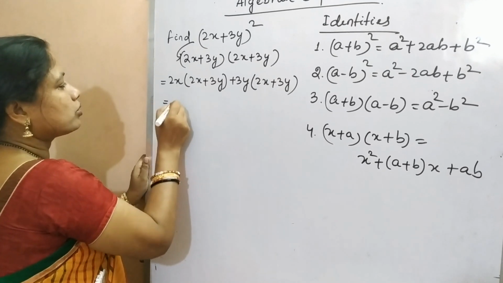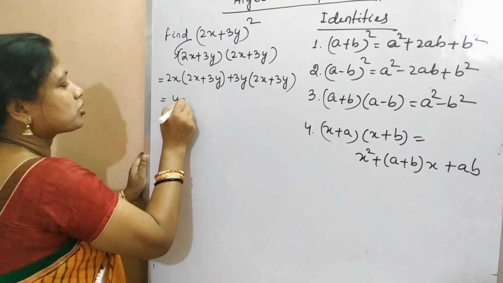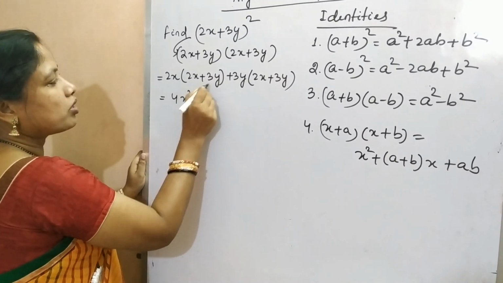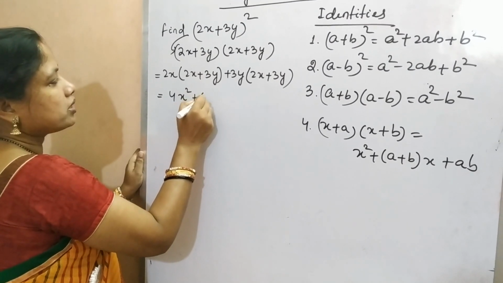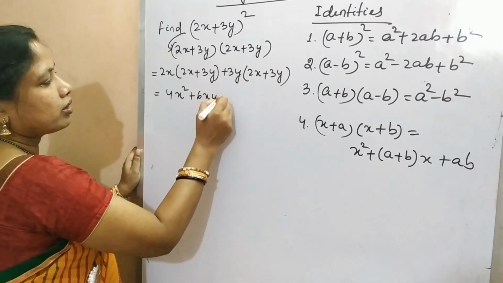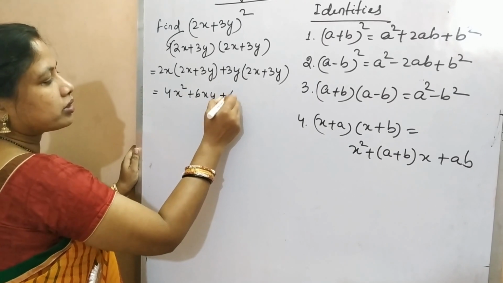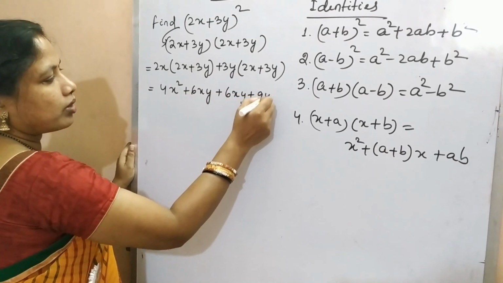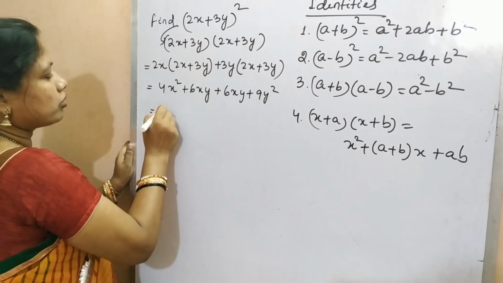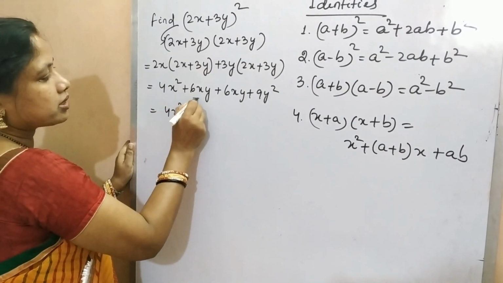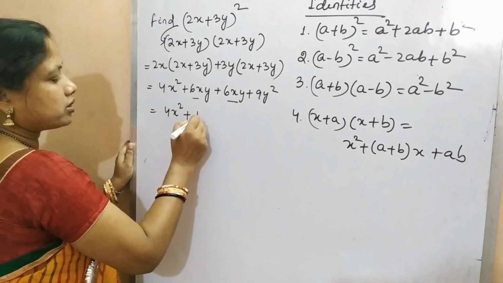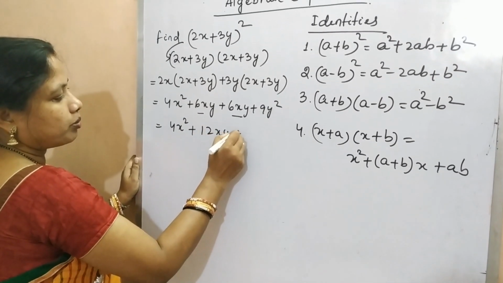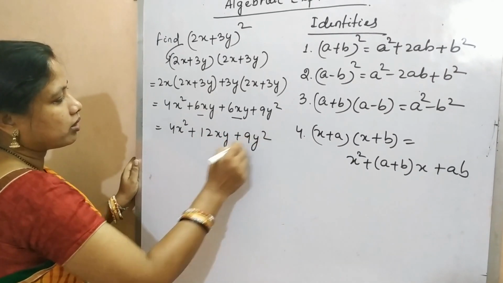So this is equal to 2x multiplied with 2x is 4x square, 2x multiplied with 3y is 6xy, plus 3y multiplied with 2x is 6xy, plus 9y square. So this is equal to 4x square plus 6xy plus 6xy, this is 12xy, plus 9y square.